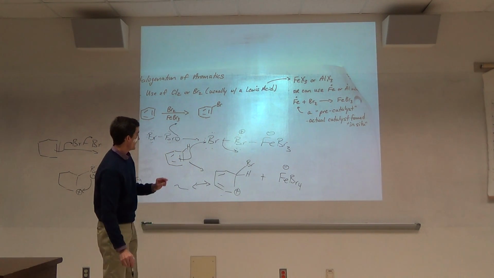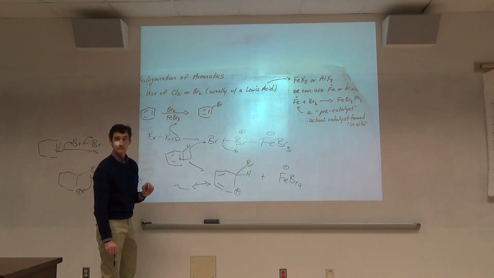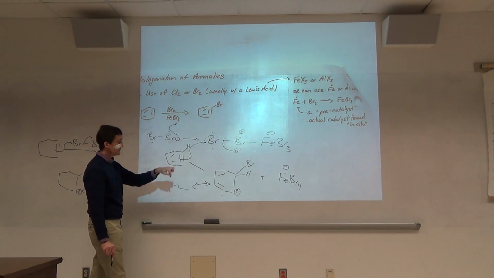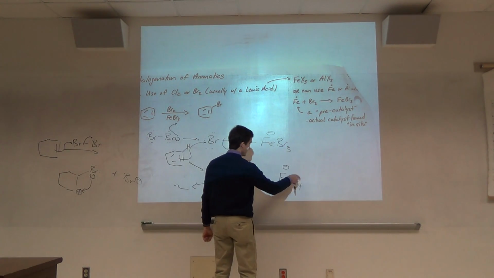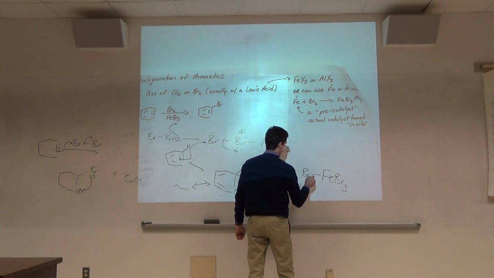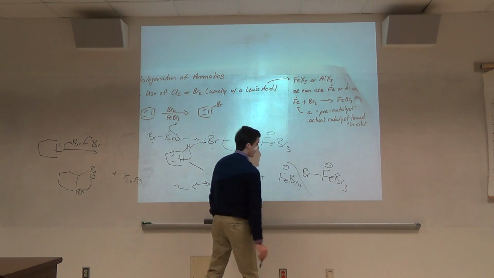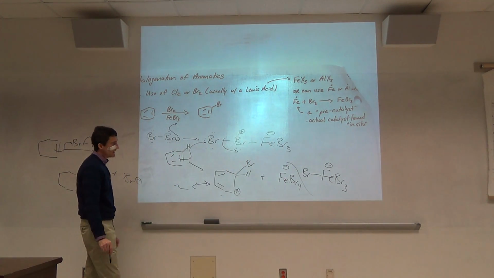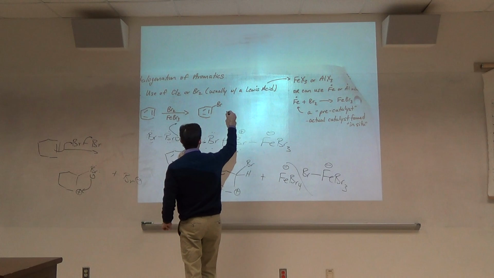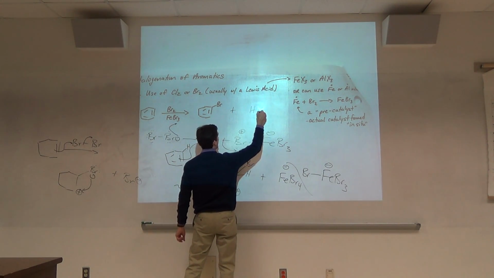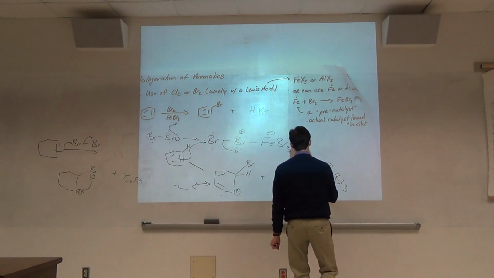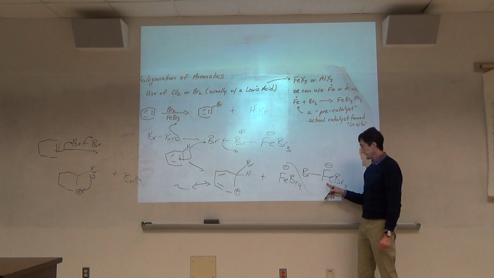What do we have to do to get the final product? Something has to remove the H, and you restore the aromaticity. I should have drawn this out. Let's draw this out, FeBr3 with a Br. At this point, well, first of all, what's the byproduct up here? The byproduct is HBr. At this point, the iron is like, hey bromine, I like you, but I don't want to be minus.